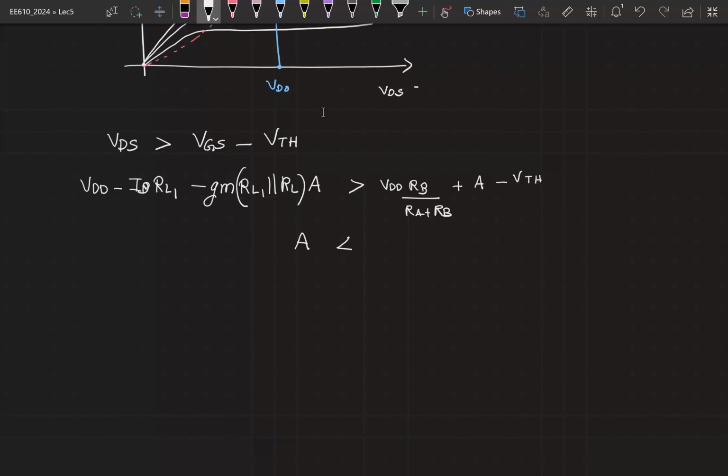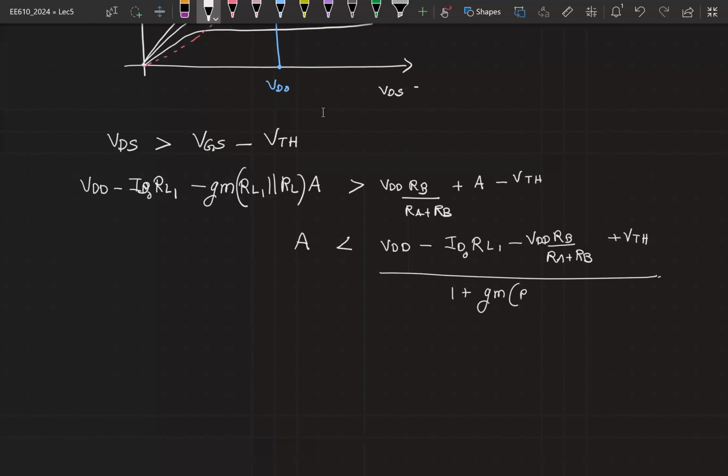A should be lesser than... right? So I'm simply going to call this A max 1.